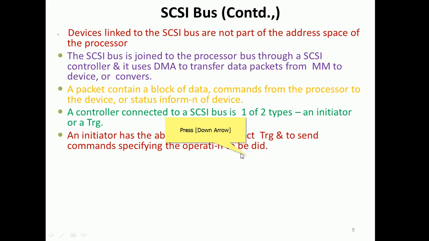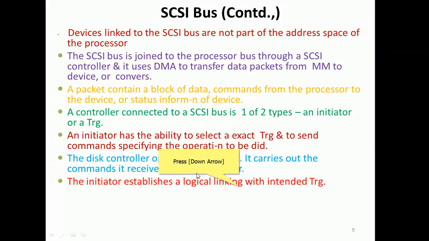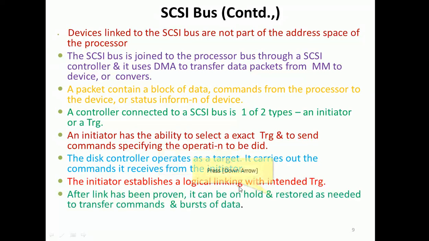It must select which target it wants to communicate with. The disk controller operates as a target. It carries out the commands it receives from the initiator, that is the master. The master establishes the logical link with the selected slave, that is the target.